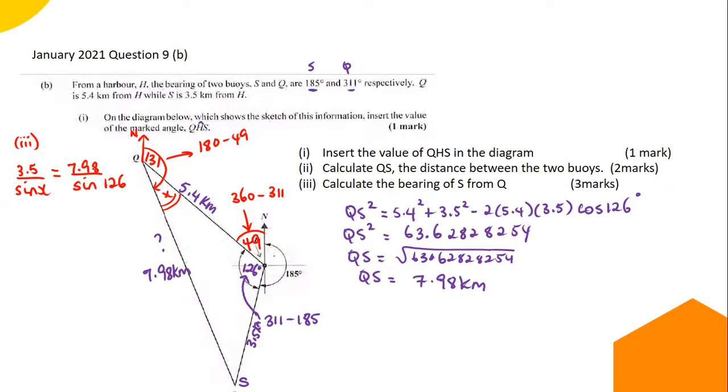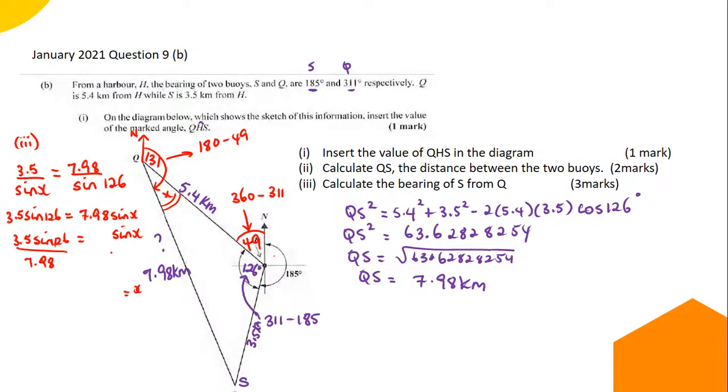You simply do your cross multiplication, your algebra, and you make x the subject of the formula. So 3.5 times sine 126 is equal to 7.98 times sine x. Making x the subject, sine x is equal to 3.5 sine of 126 all over 7.98.